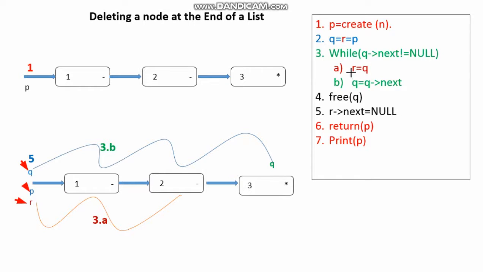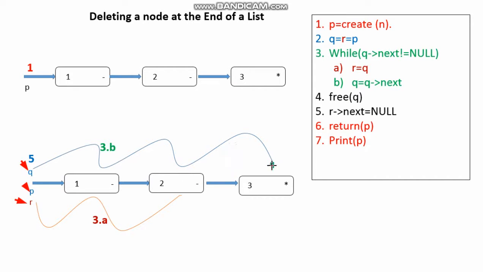Now look at R. R actually runs behind, or traverses behind, in the loop. So what happens, R is first on Q. So Q is first here, then when Q moves here, R is still here, and when Q moves to the third, R is on the previous, because R equal to Q is done before Q moves to the next.